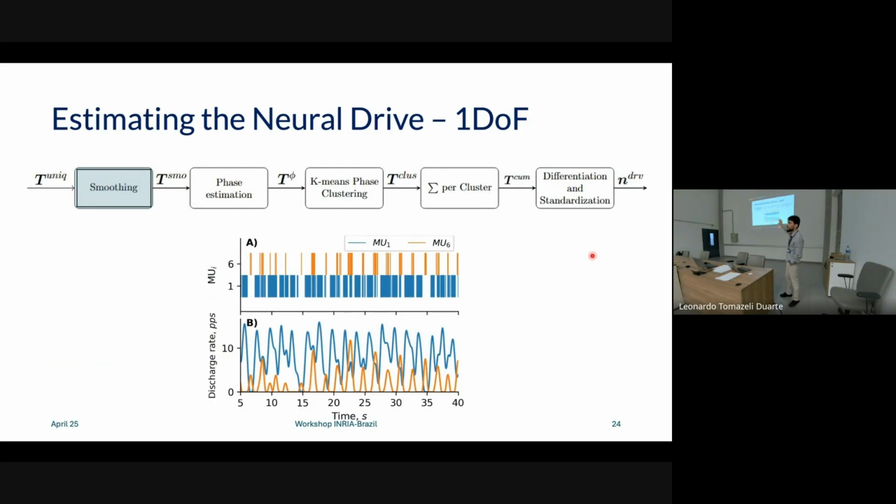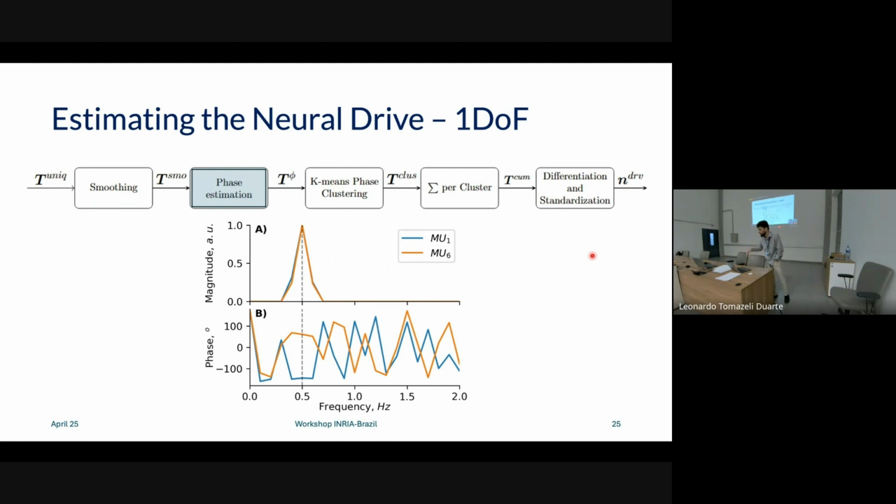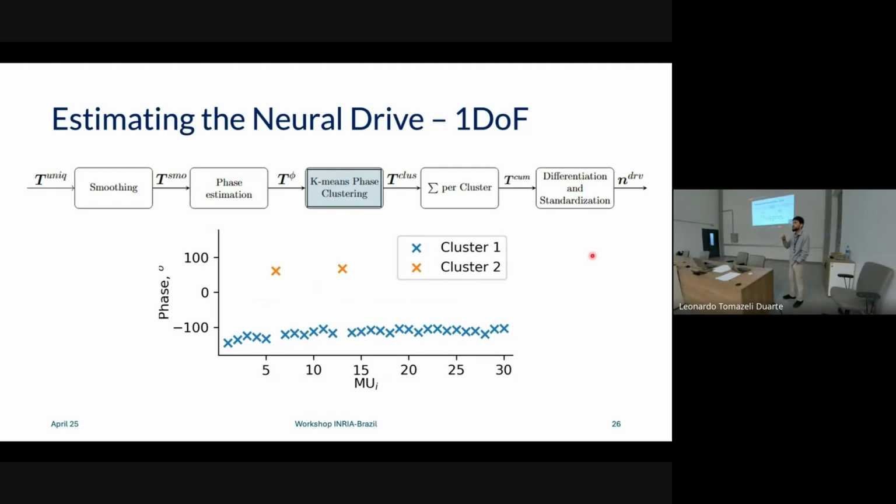The spiking activity was decomposed using the fast ICA algorithm employed directly into the platform, directly into the hardware of our system. And then we smoothed these spiking signals, and then we use phase information to classify those motor units that are discharging in the flexion phase or the extension phase of the movement.